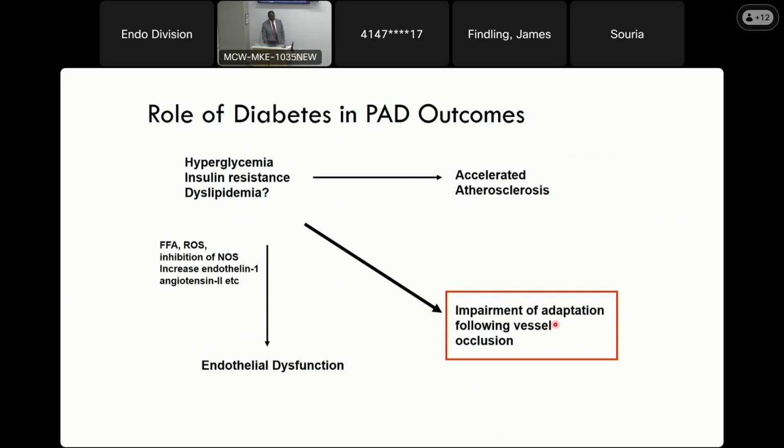I showed you the angiogram on my very first slide of a patient who had complete vessel occlusion, did not even know that he did, because somehow his body adapted to this occlusion, created collaterals, got blood flowing to the tissue, and he's walking around.